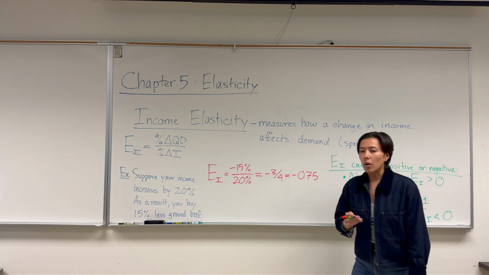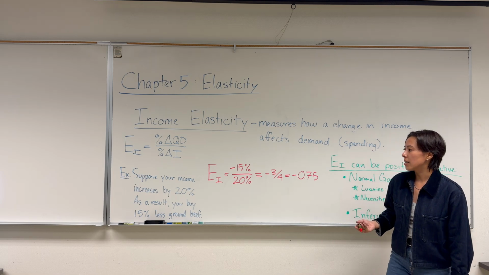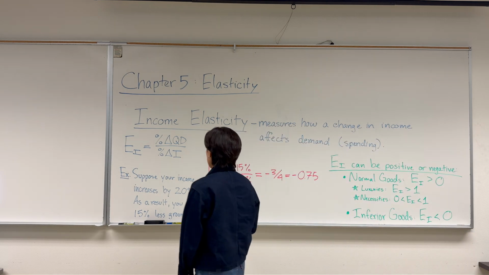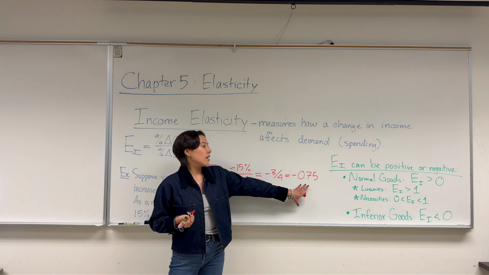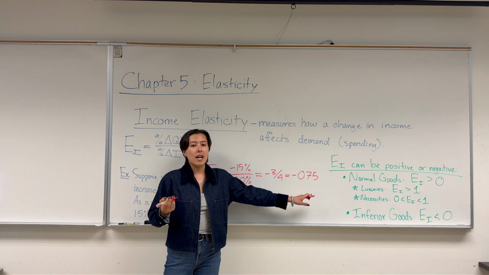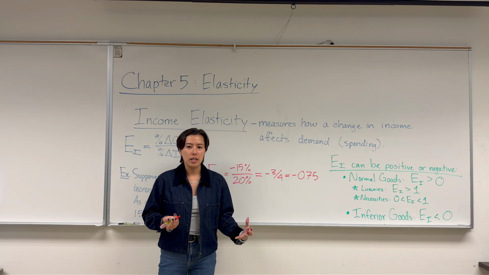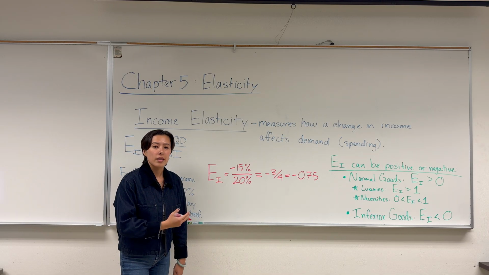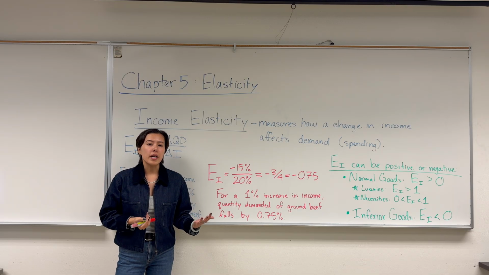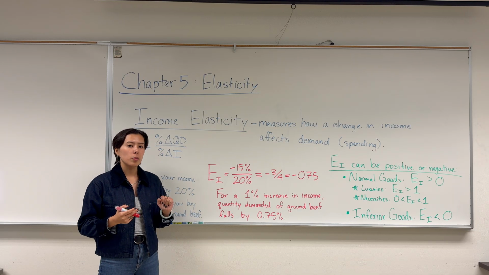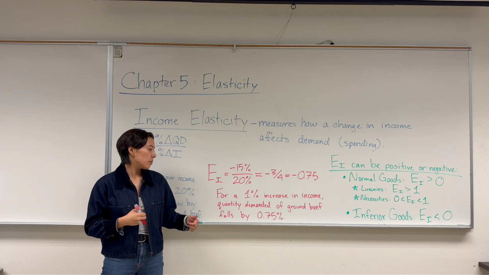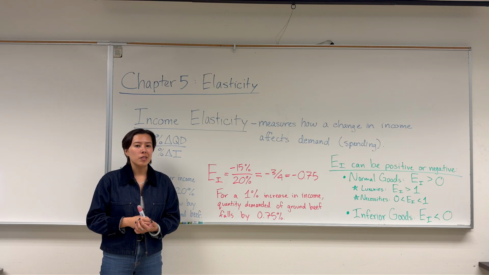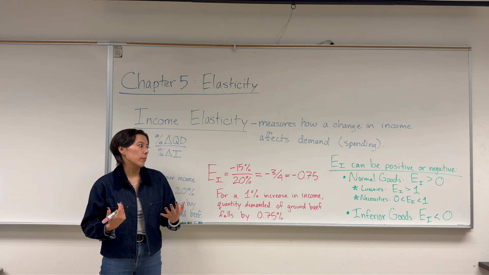All right, and so what this answer means is that for every 1% increase in my income, my quantity of ground beef that I demand goes down by 0.75%. So let me go ahead and write that here. So the way that I interpret my answer for my income elasticity of demand for ground beef is that for a 1% increase in my income, my quantity demanded of ground beef falls by 0.75%.